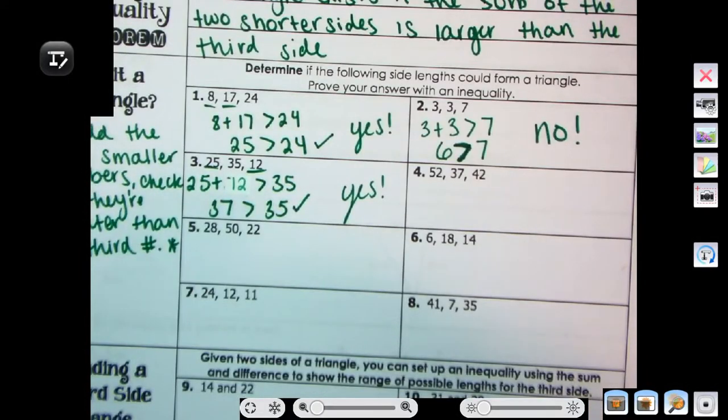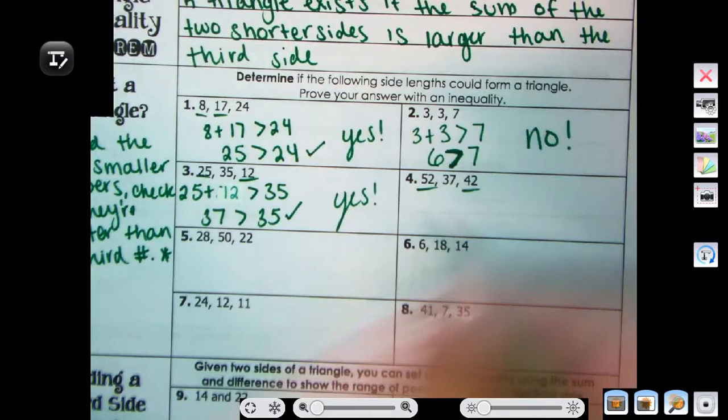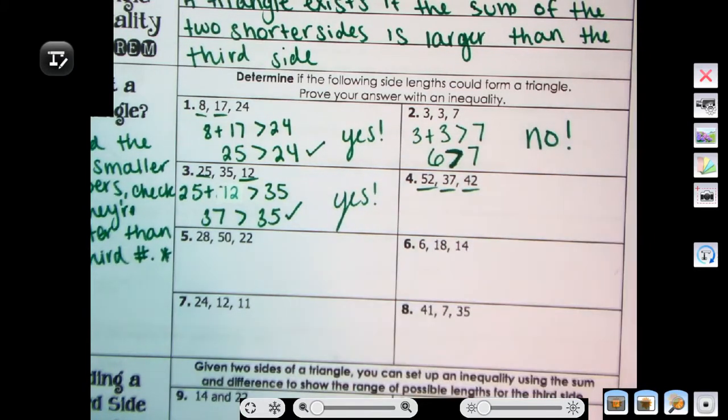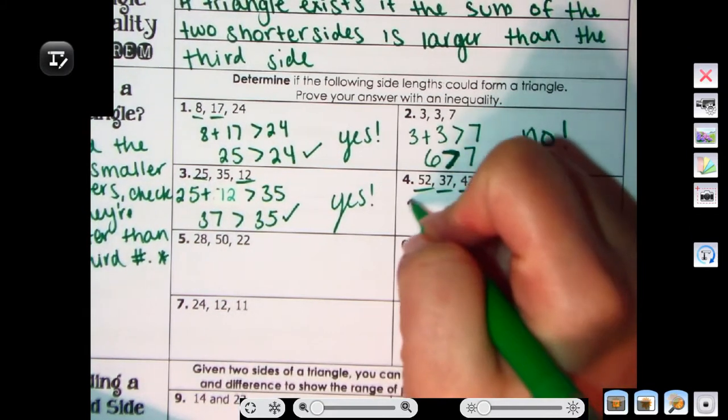We'll check one more, number 4, and then I'll have you go ahead and check the other 4 so you get practice on your own. So you have these 3 side lengths, and the 2 smaller ones are 37 and 42.